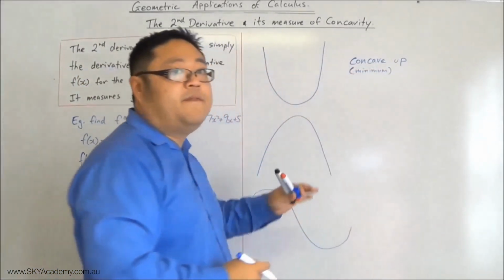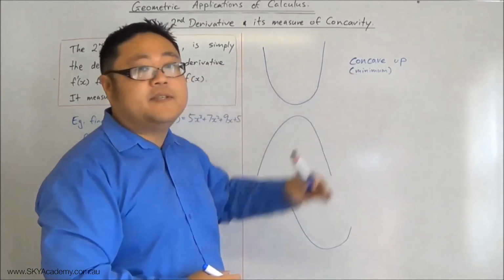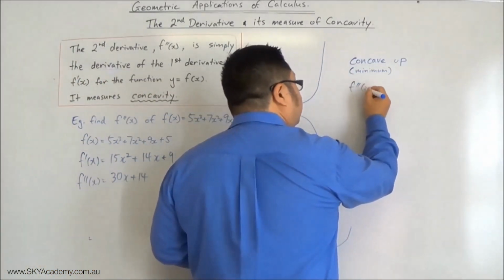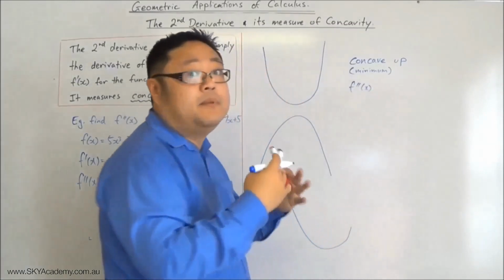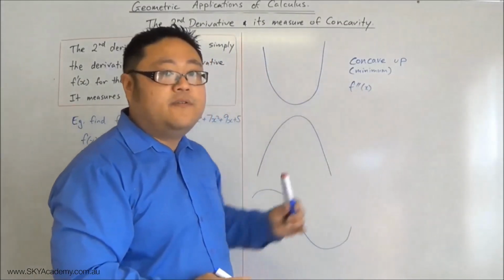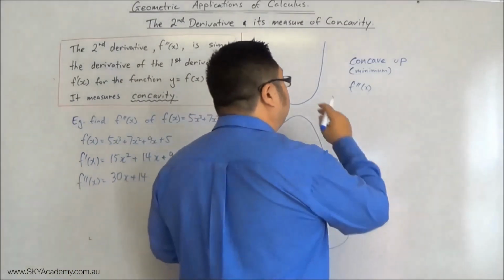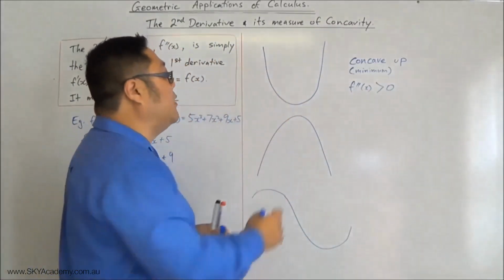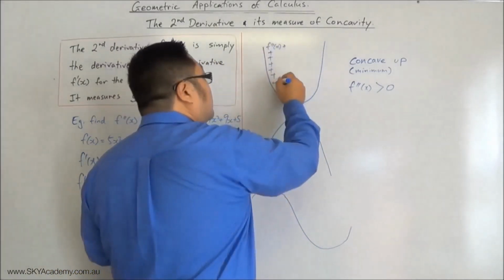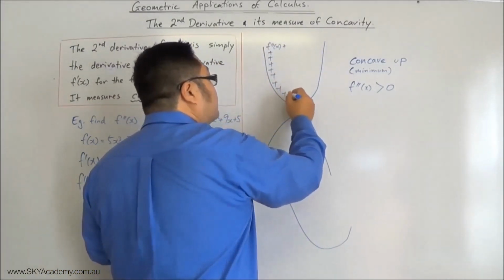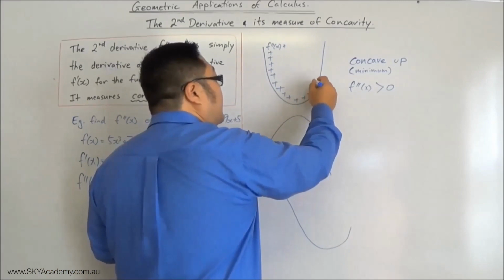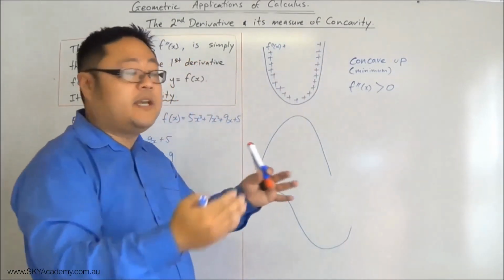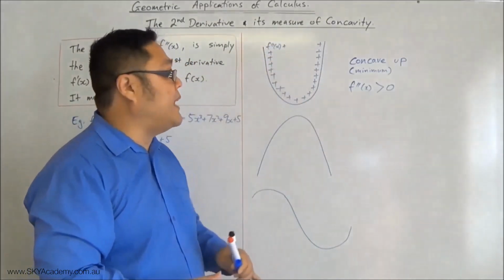When a function is concave up and gives us a minimum, what we usually find is that f double dash of x, our second derivative, will be positive. So it will be greater than 0 all the way across all parts of this concave up curve. The second derivative will be positive all the way throughout.